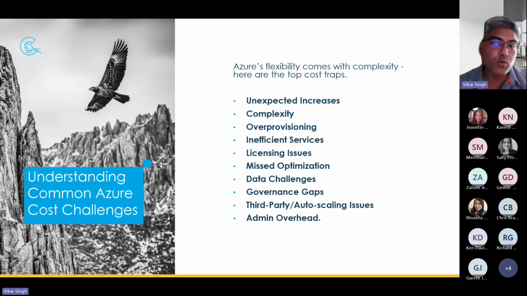So if we look at tools like Azure Advisor, Application Insights, Azure Monitor, and Resource Graph, these things can spot a lot of waste. Cost Management can track egress, PaaS solutions can simplify, and automation can really tame down the scaling and reduce any admin overhead.